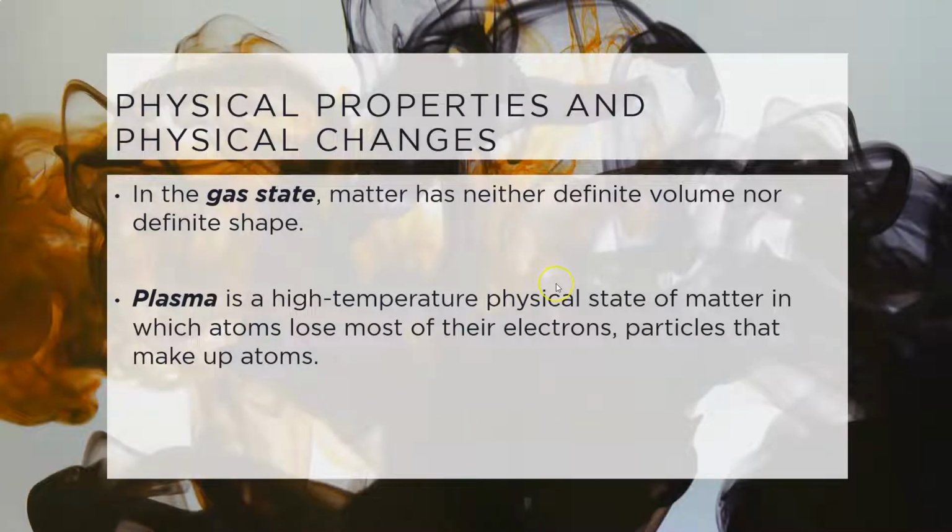We get to the plasma state. At that point, the atoms are starting to break down a little bit and starting to become that plasma, sort of like if you've ever seen those plasma balls, the electricity that is happening there when the atoms are starting to break down.